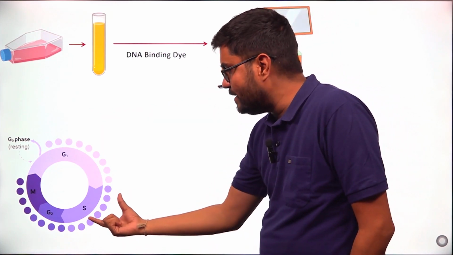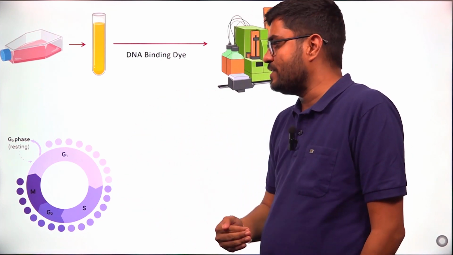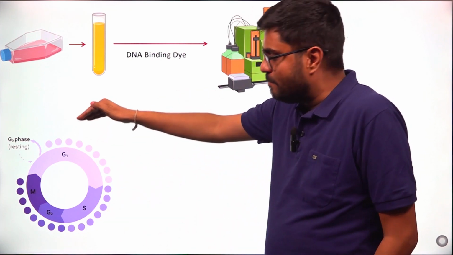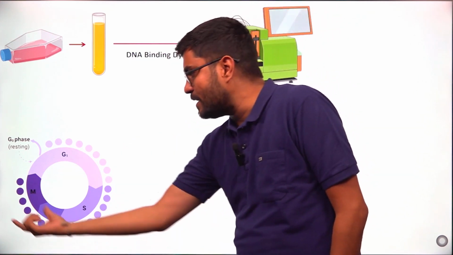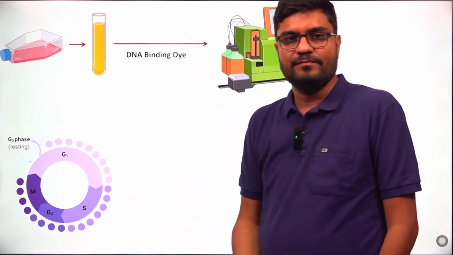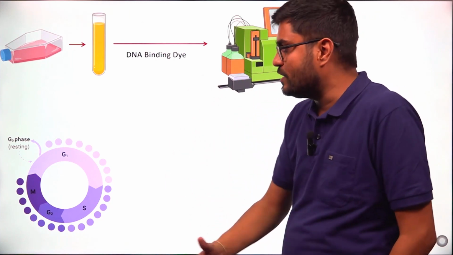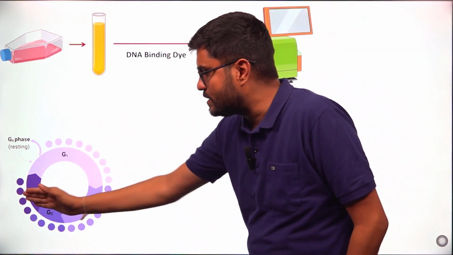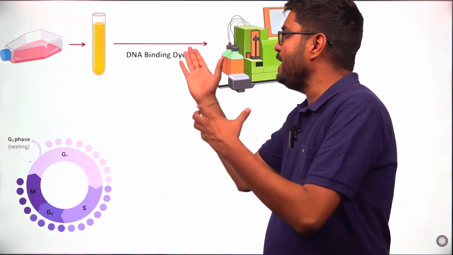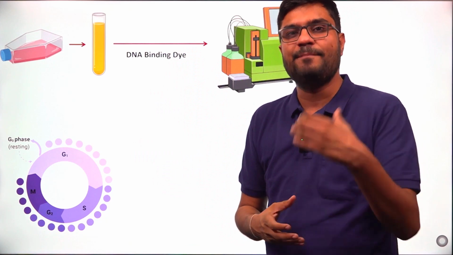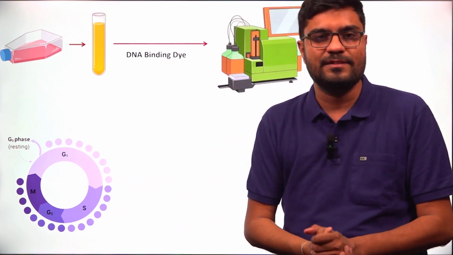Then these cells will give us a higher amount of fluorescent signal than G1, but lesser than G2 and M. And the cells in G2 will give us the highest amount of fluorescent signal, because the DNA is X, 2X, and in between X and 2X. So the binding of the DNA binding dye will depend upon how much DNA is present inside the cell.